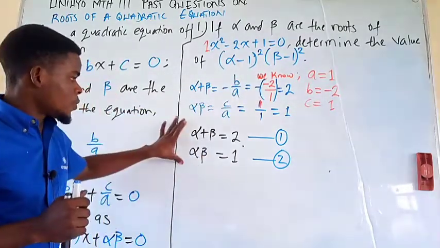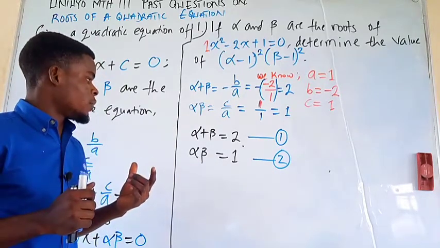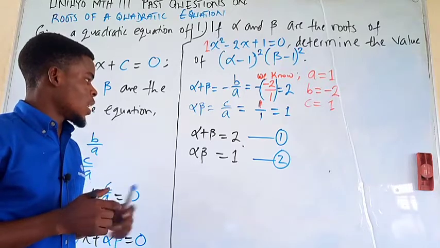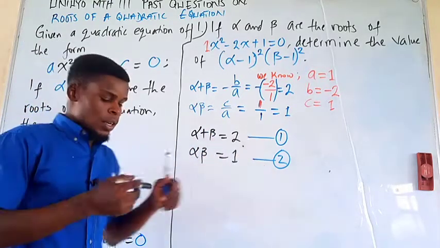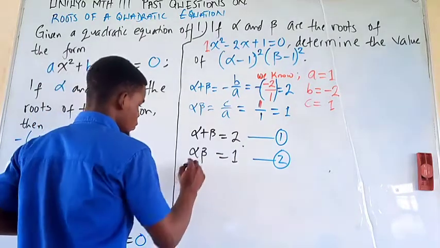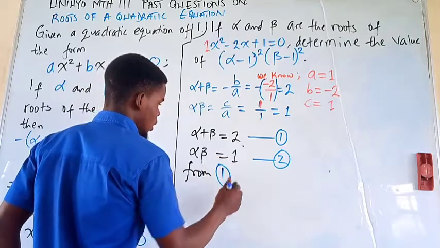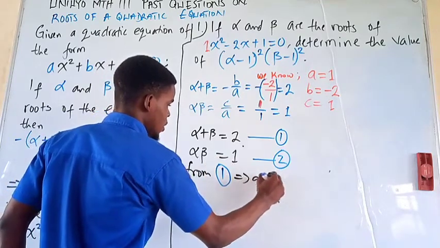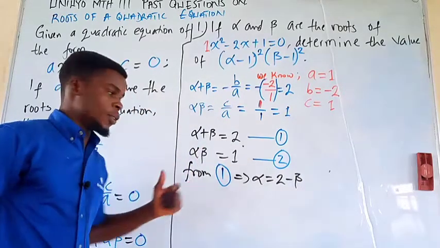Okay, so from equation 1 we can get something for equation 2. From equation 1, alpha is equal to 2 minus beta, by just subtracting beta from both sides.